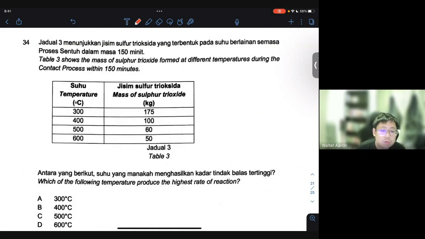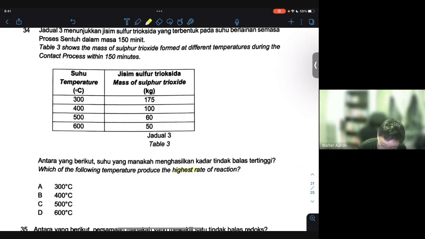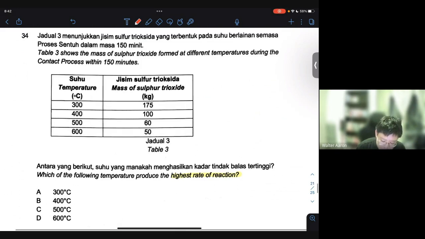34, Table 3 shows the mass of sulfur trioxide formed at different temperatures during the contact process within 150 minutes. Which of the following temperatures produces the highest rate of reaction? When we talk about the highest rate of reaction, it doesn't concern whether we have the highest yield or not. They're not asking you for the highest yield, because most of us will get very confused and say, oh, if I go to 600, we get the lowest mass, so I should take the highest mass one as my preferred temperature.